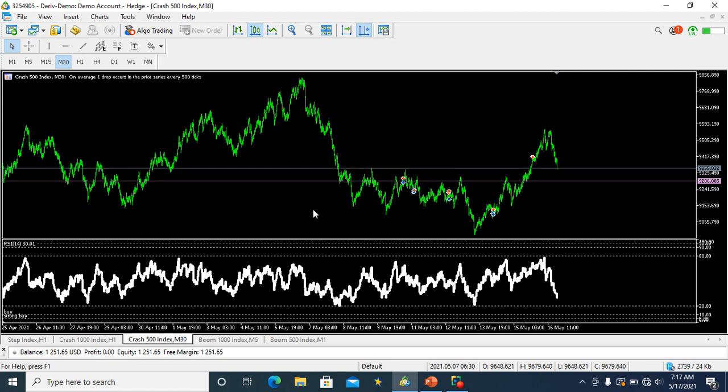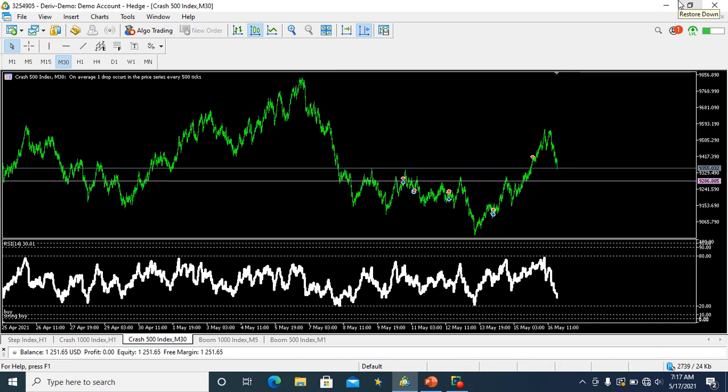Let me describe our strategy before we go back to the main chart. Based on the nature of crash and boom, it is designed to go up and go down. Even if it's going to continue up, it will at least come down 50% retracement before it continues.